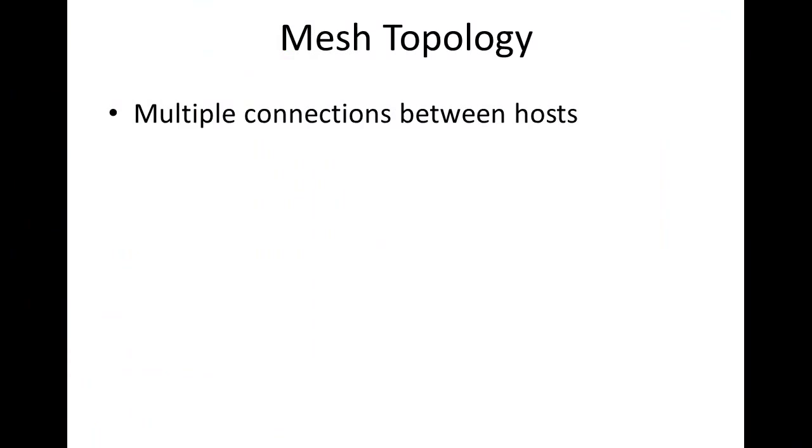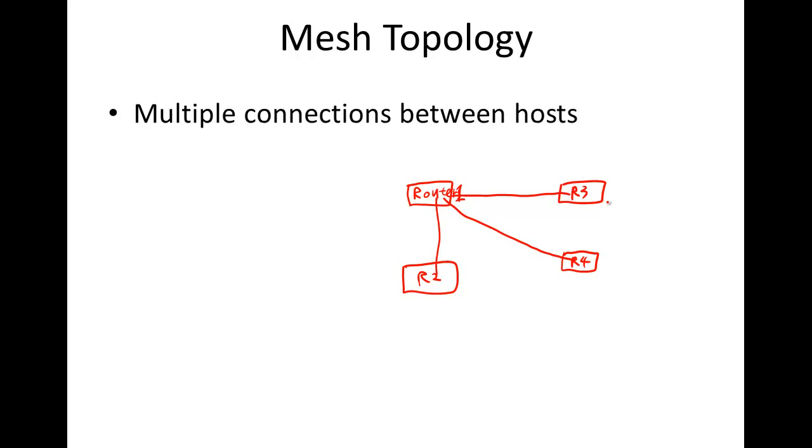You have network devices like routers. Router 1, router 2, router 3, router 4, and so on. You don't want to have only single connections between the routers, because if something goes wrong, there's no way you can get to the router.